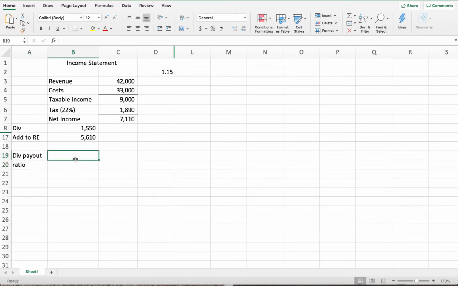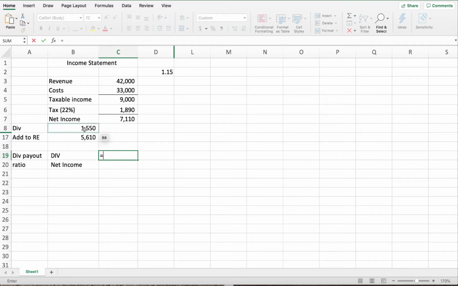I'm going to take the dividends that are currently being paid, and divide that by my net income. They tell us it's constant, so obviously we have to do it before the increase in sales to figure out what that rate is.